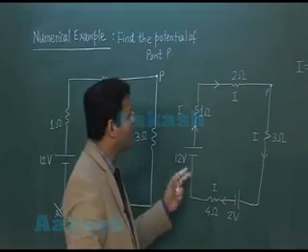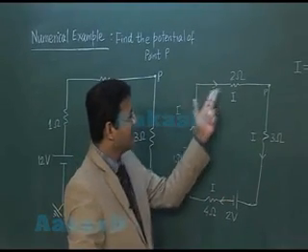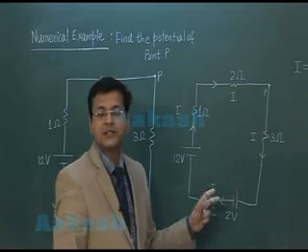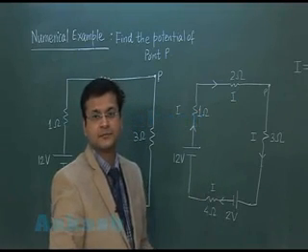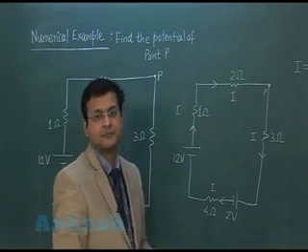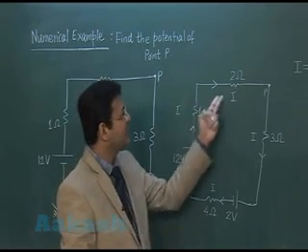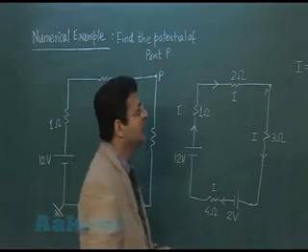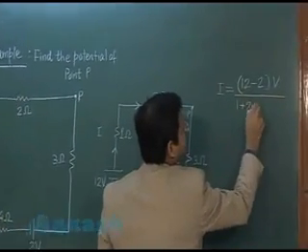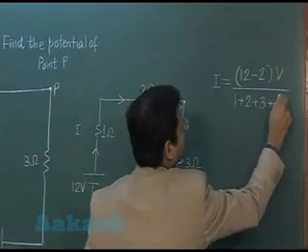हम कहना यह चाह रहे हैं कि अगर सेम करंट आई फ्लो कर रही है सारे रेजिस्टर्स में, तो सारे ही रेजिस्टर्स सीरीज में कनेक्टेड हैं. Their equivalent will simply be the net sum of them. इनका इक्विवेलेंट सिंपली इनका सम होगा. What is that? That sum is 1 ohm plus 2 ohm plus 3 ohm plus 4 ohm, 10 ohm total.